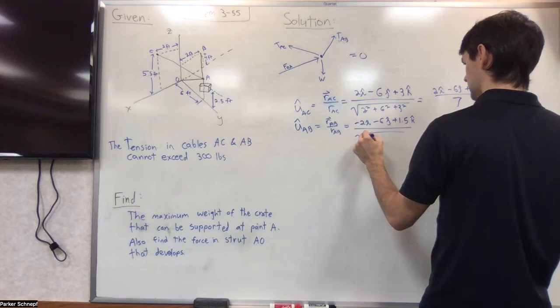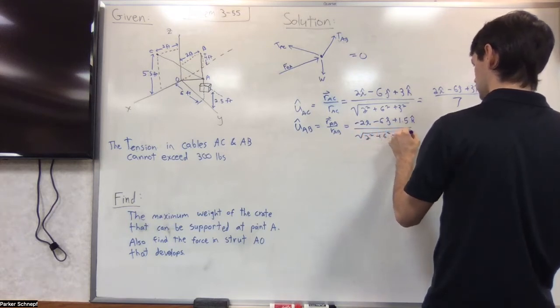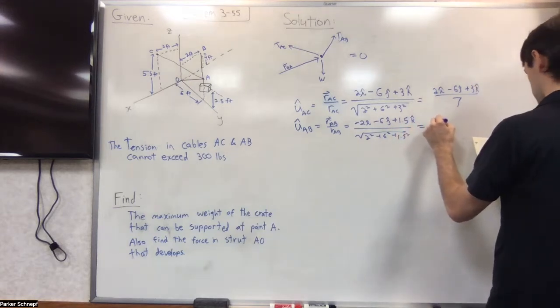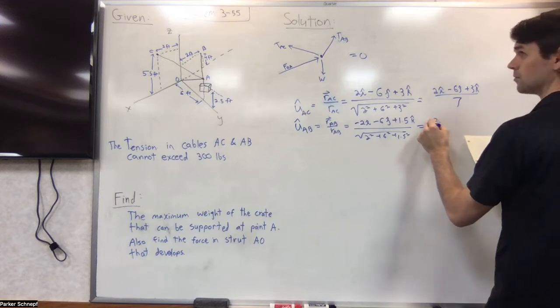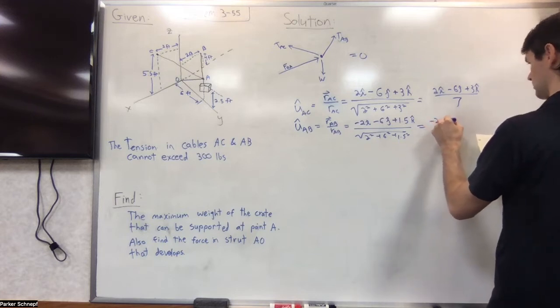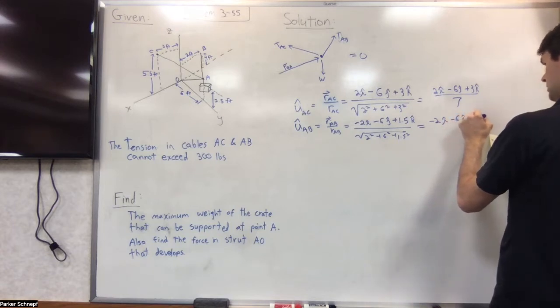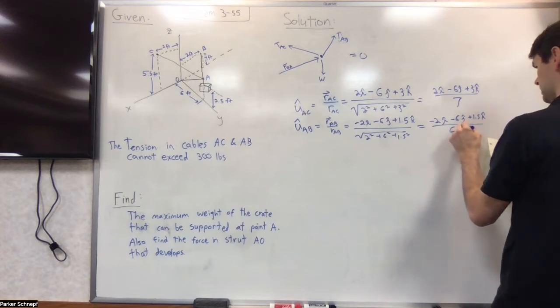So the magnitude is the square root of 2 squared plus 6 squared plus 1.5 squared, and when we figure that out, it's 6.5.